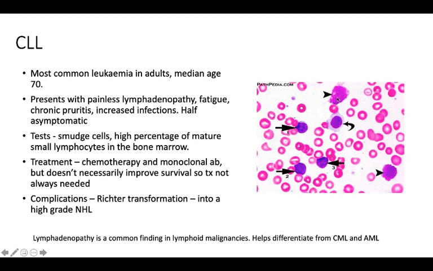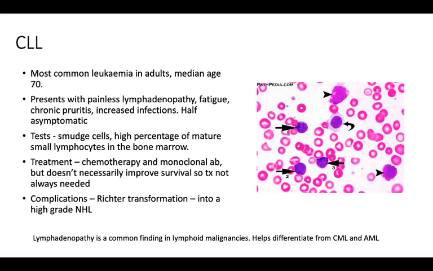You can also see some smudge cells, shown using the arrowheads. This is basically because the cells in CLL are so fragile that when you make a slide, the cells smudge. That's why you get it.